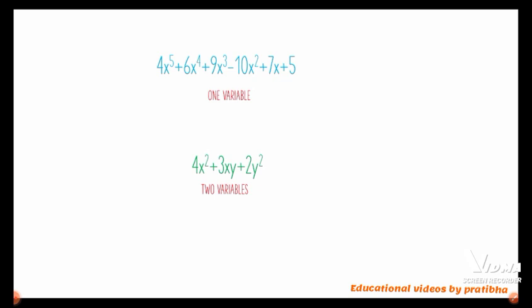The expressions in which only one variable is used are called expressions with one variable. If two variables are used, like our second example, we call them expressions with two variables.